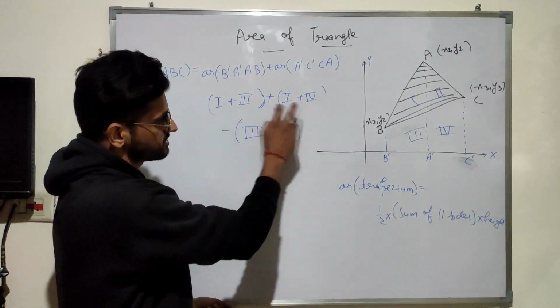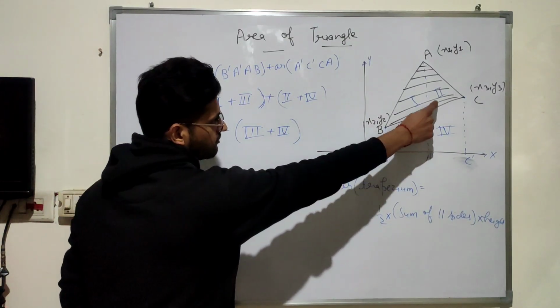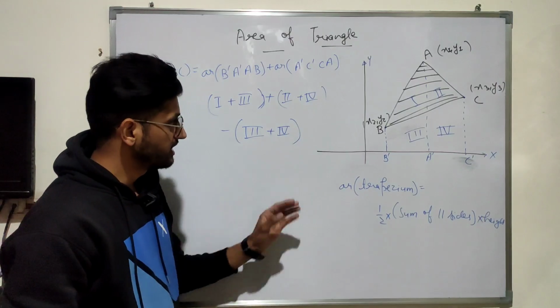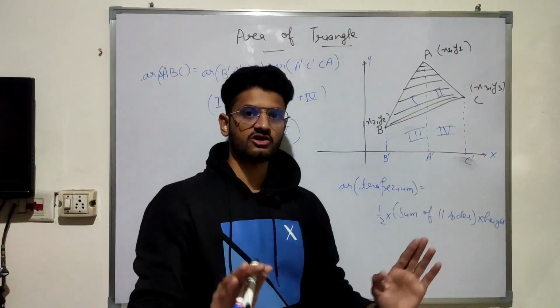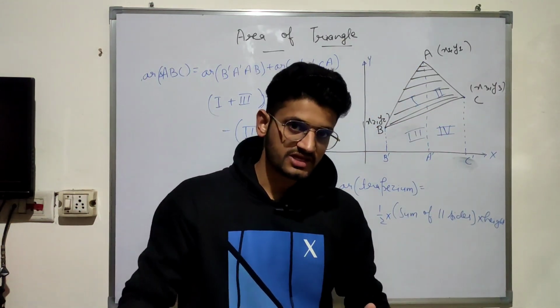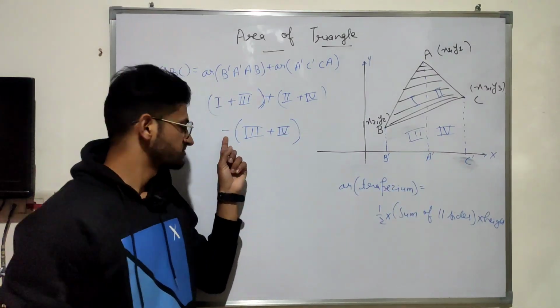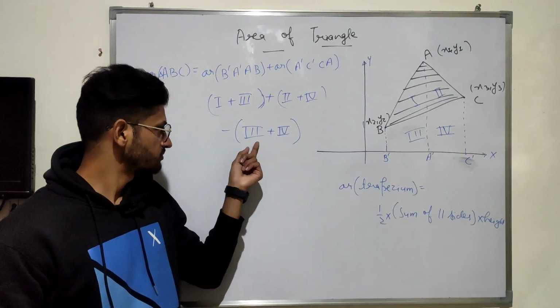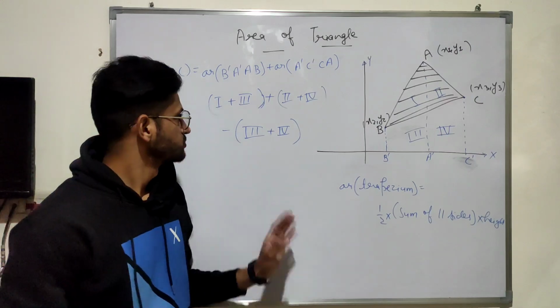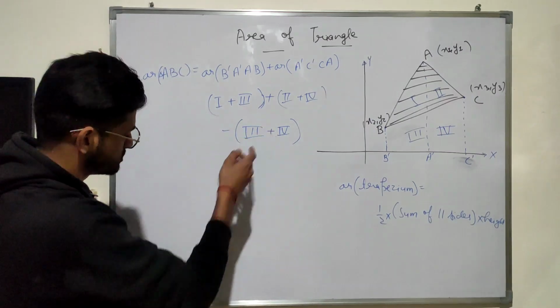So basically, first plus third is from the first trapezium, second plus fourth from the second trapezium, and now we need the area of triangle ABC, which consists of part 1 plus part 2. So we need to subtract part 3 plus part 4. It's the same thing we have done here. We have subtracted part 3 plus part 4. After solving it, we will use this concept only.